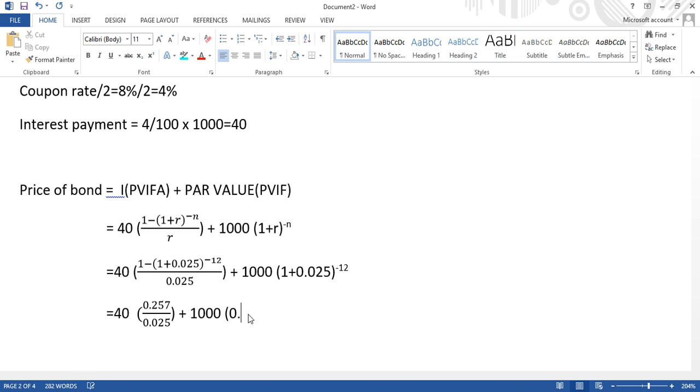So I want 1000 times 0.743, and you can solve here. 0.257 divided by 0.025, we get 10.28.